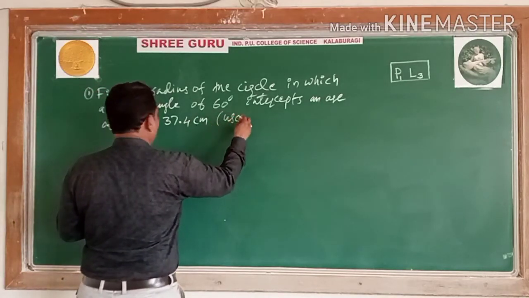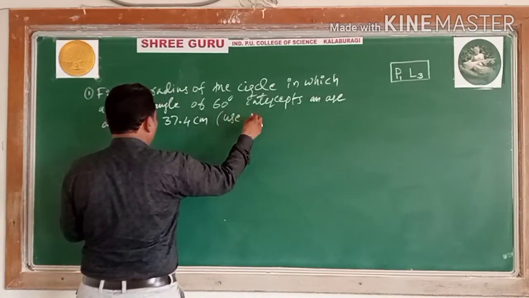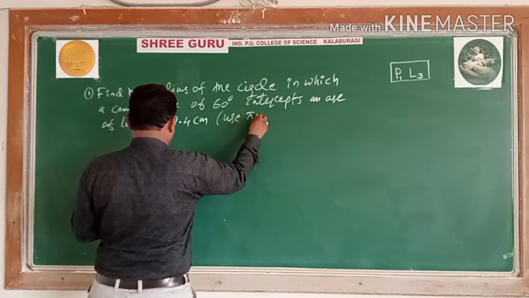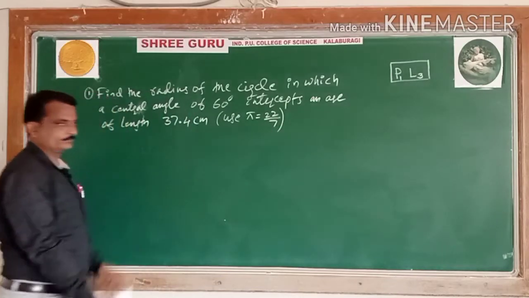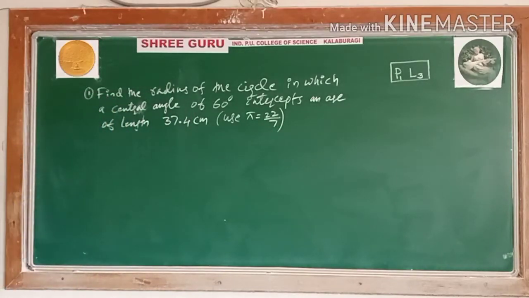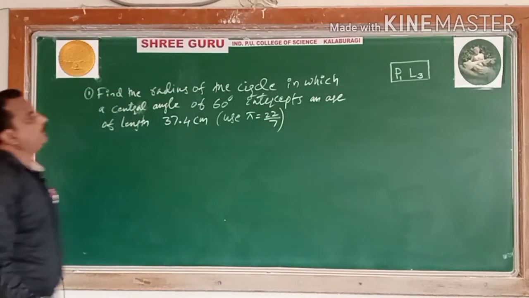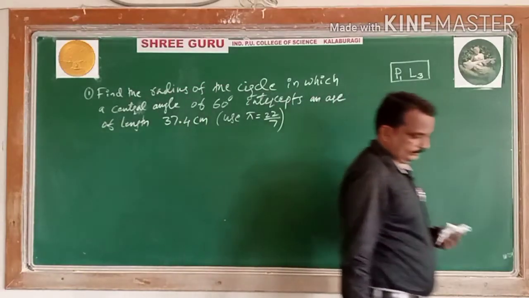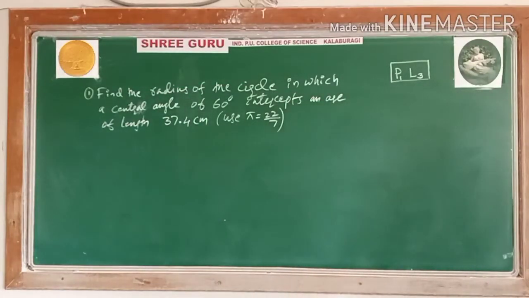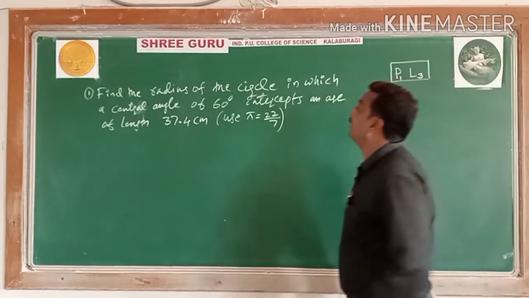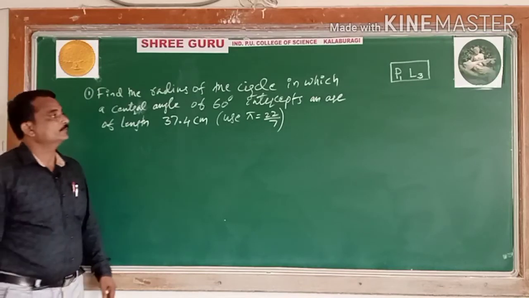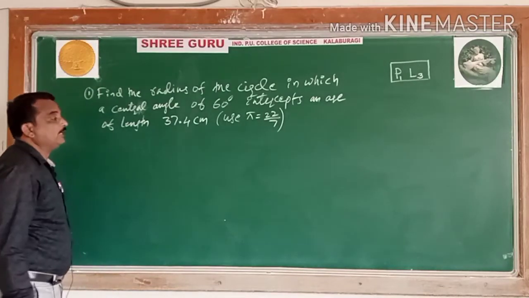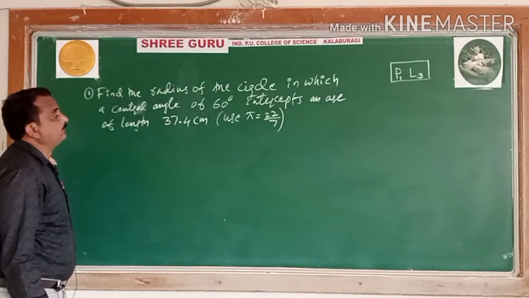Use, here given in the bracket, in the problem only, use pi is equal to 22/7. See the students, find the radius of the circle in which a central angle of 60 degree intercepts an arc of length 37.4 centimeter.